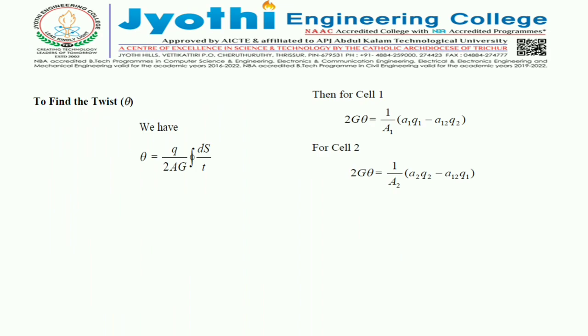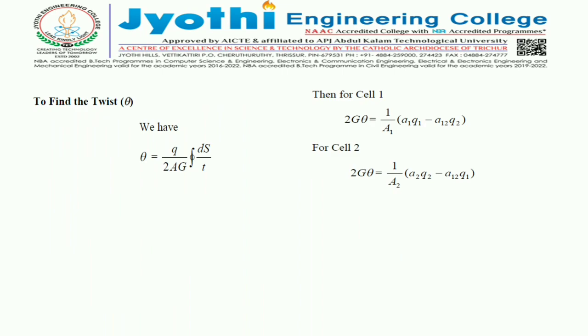Next, to find the angle of twist of the multiple sections. The angle of twist for a single cell is obtained from theta is equal to q by 2AG integral ds by t.